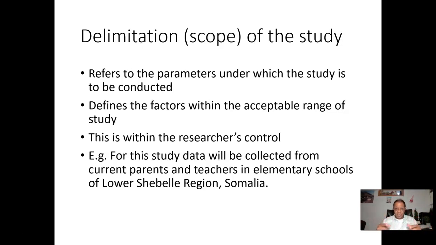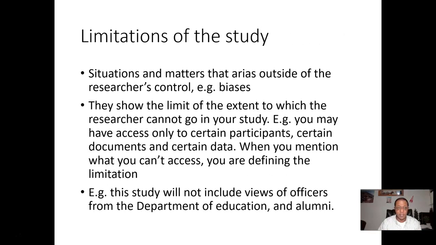That is one example that explains the extent or the scope of how far I will go with my study. You can make two or three delimitations that explain your study. Again, look for examples from previous dissertations.